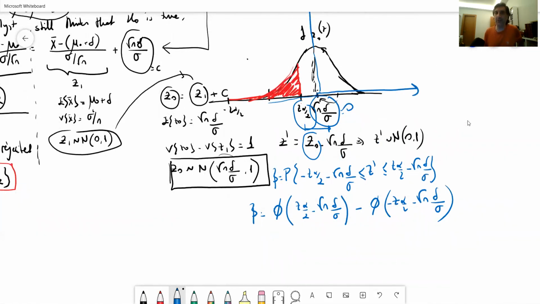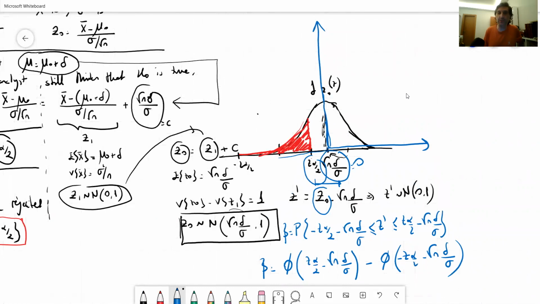Now think about this here as the origin. That minus Z alpha over 2 is usually a small value. If you think about that case here, the two-sided distribution is here. Now when the mean is shifted here, so this axis is shifted here, note that this value is going to be even much more negative, because we have this additional component to make it even more negative.